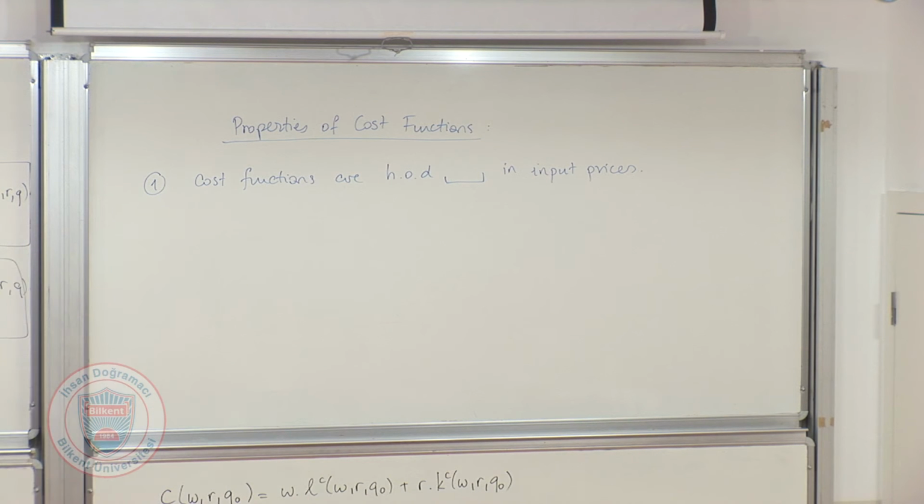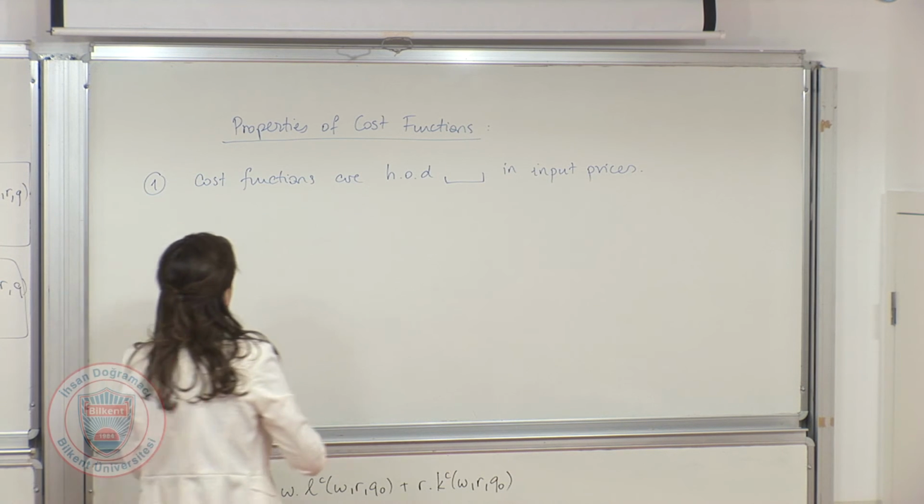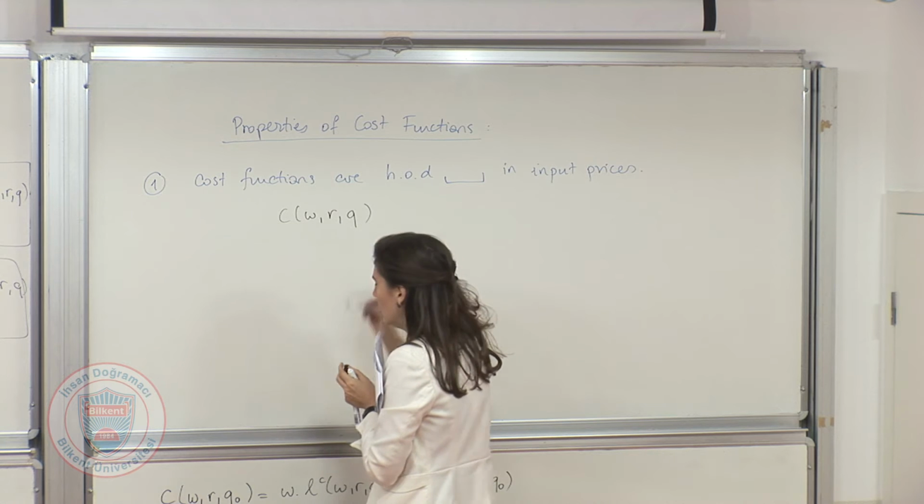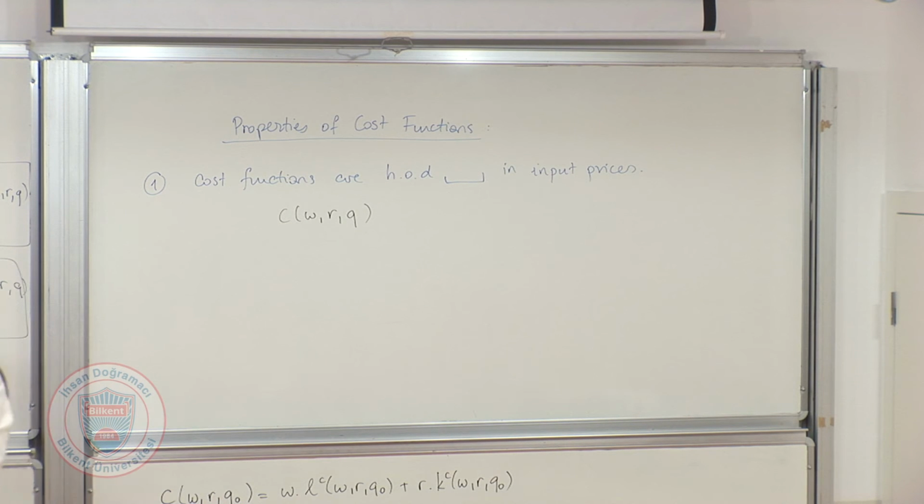What does this mean? Think of your cost function C(wage, R, Q). It says homogeneous of degree something in these prices.